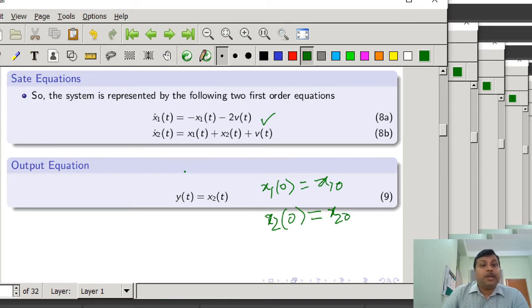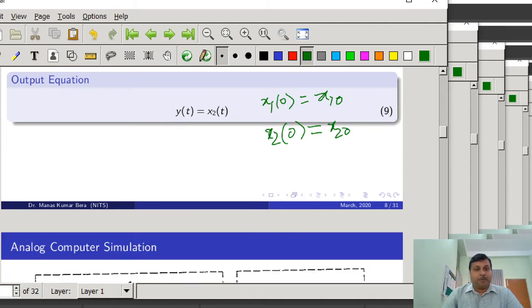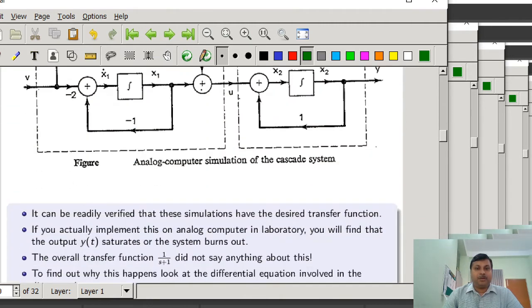We also observed that to describe the system behavior, along with the input, we have to know the initial conditions of those state variables, that is x1(0) and x2(0). So along with this idea, we will further explore how to formally define what we mean by the state of the system.